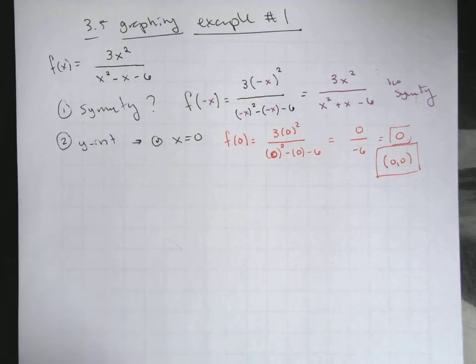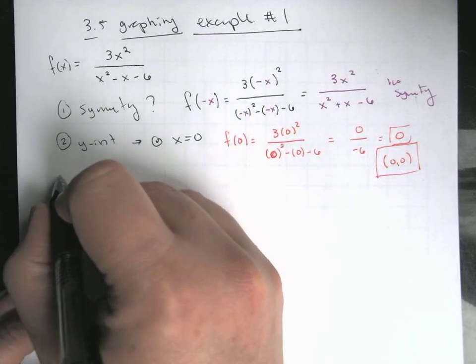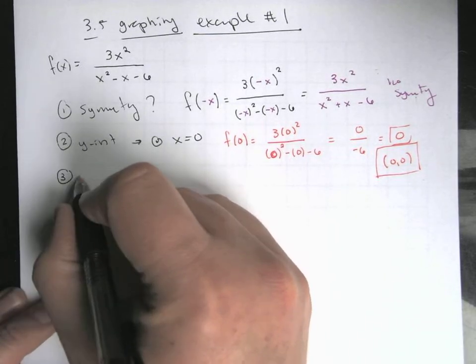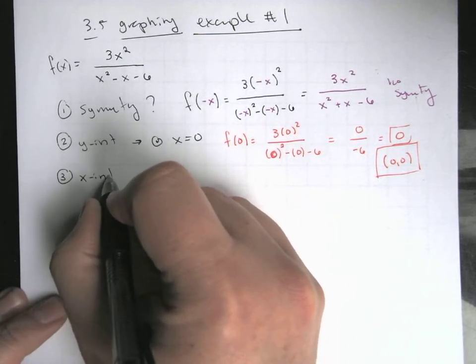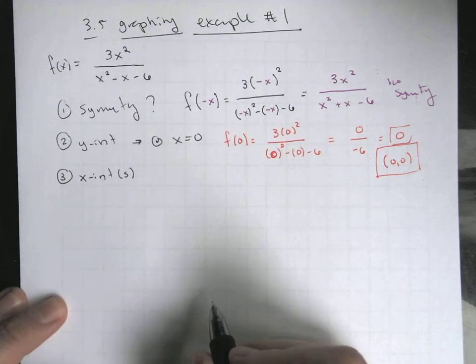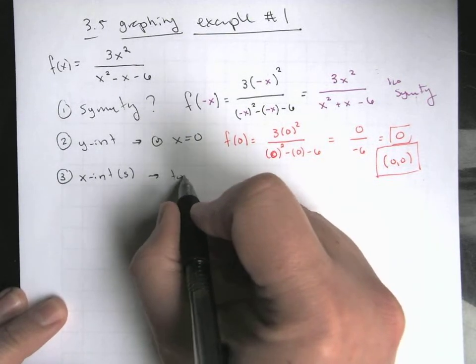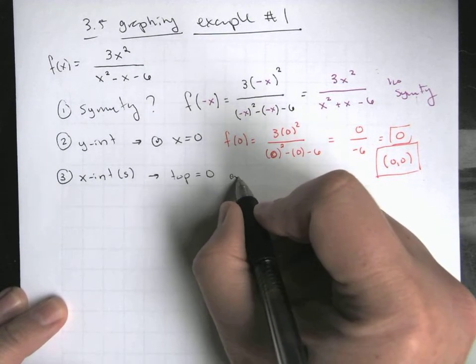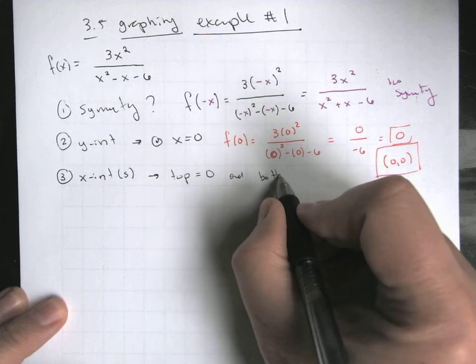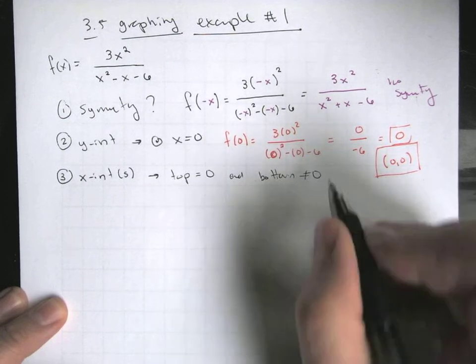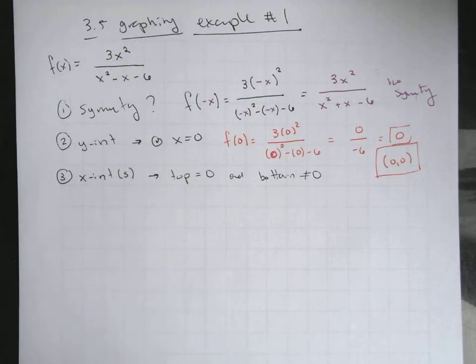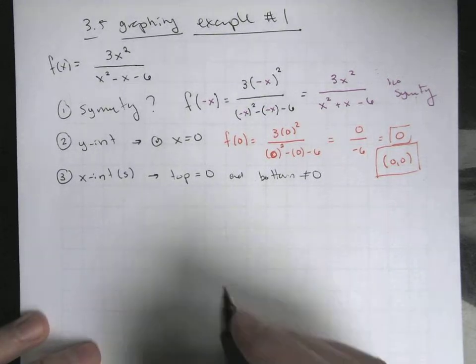Steps 3 and 4 kind of go together. This is our x-intercepts and our vertical asymptotes. We'll keep this split. So this is top equal to 0 and our denominator not equal to 0. To get an x-intercept, we need essentially both of those things to be true.